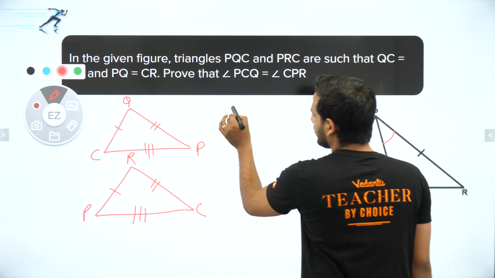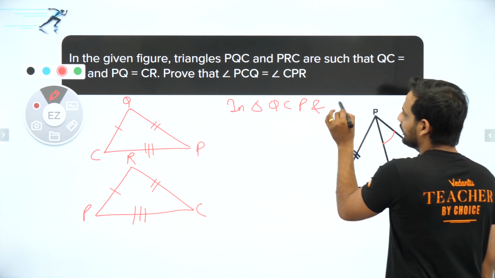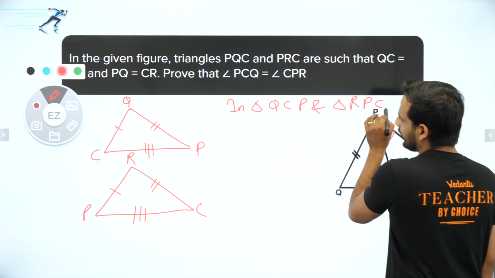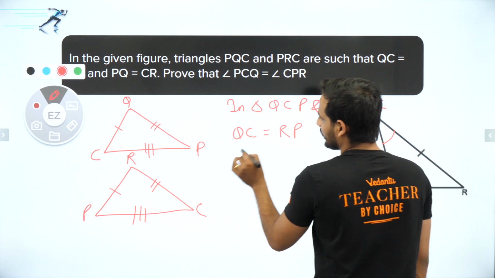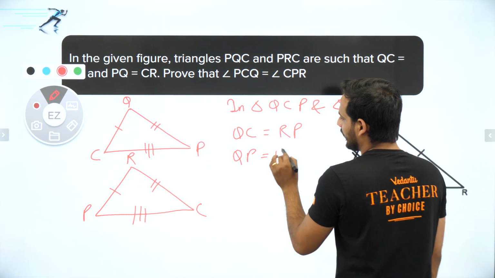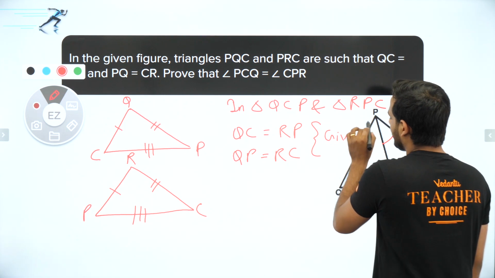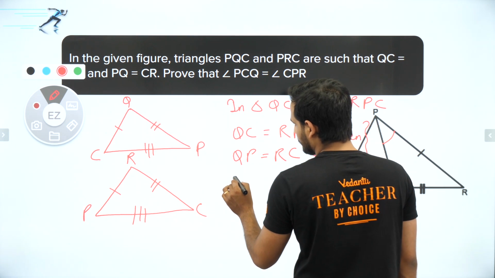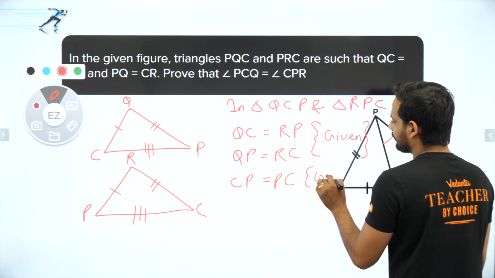I can say that in triangles QCP and RPC, QC is equal to RP and QP is equal to RC, because it is given. And the third thing, CP is equal to PC, because it is common.